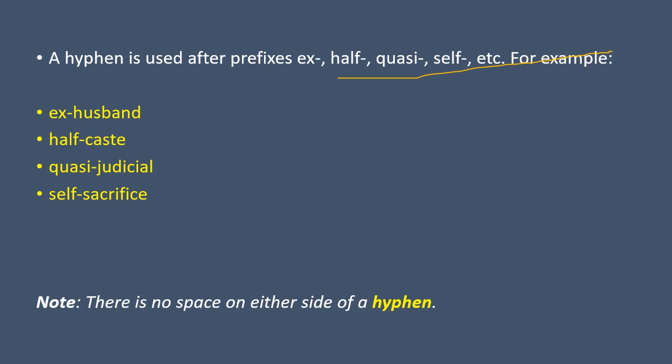So if you want to join ex with other words, then obviously you have to use a hyphen. But remember that there is no space on either side of a hyphen. So same is the case with a dash, there is no space on either side of a dash.